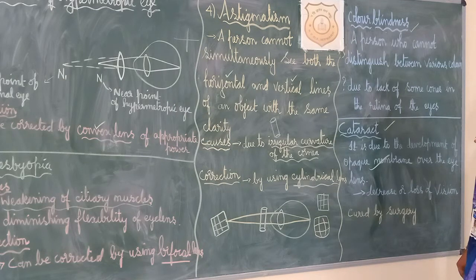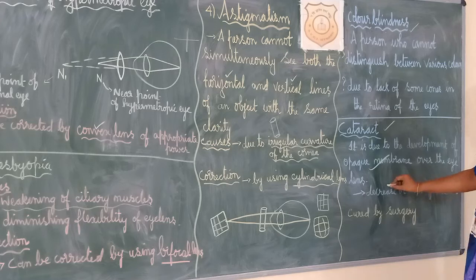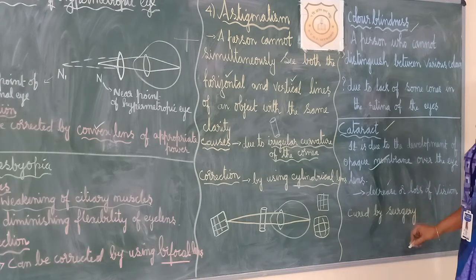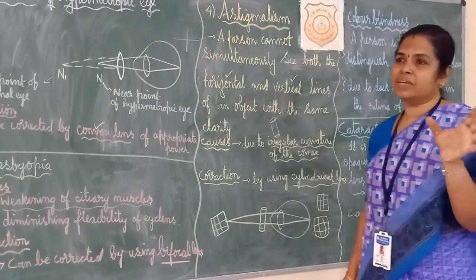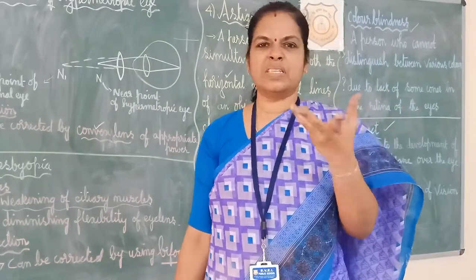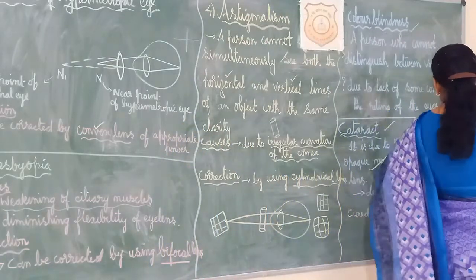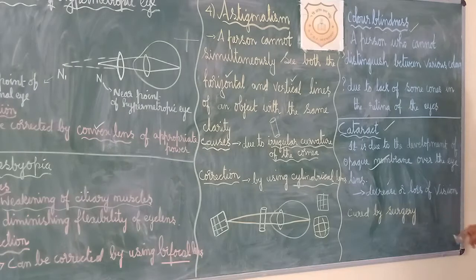So they will go for cataract surgery and that layer will be removed during the surgery. Due to cataract, there will be a loss of vision. Like 50% they can see, 50% they can't. Some can see 30%, and 70% vision will not be there. That percentage can be corrected by surgery.